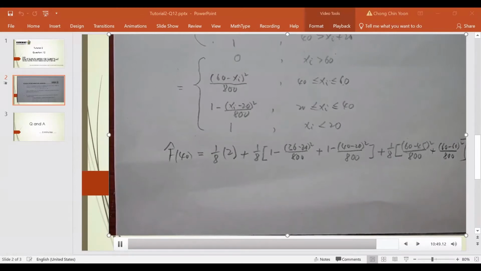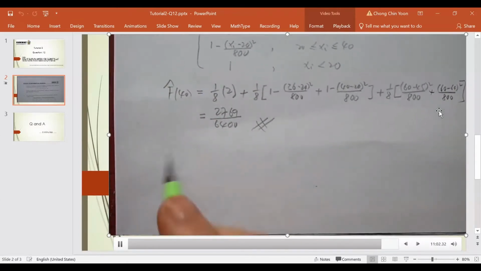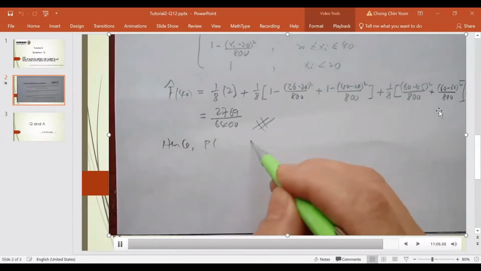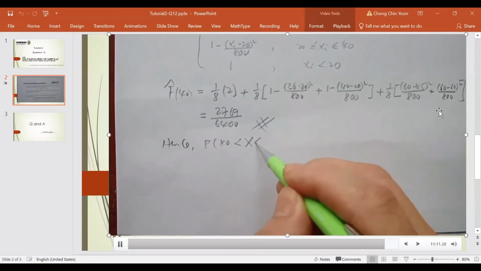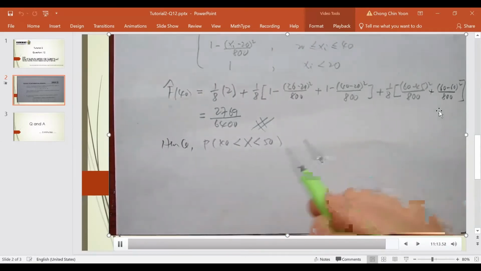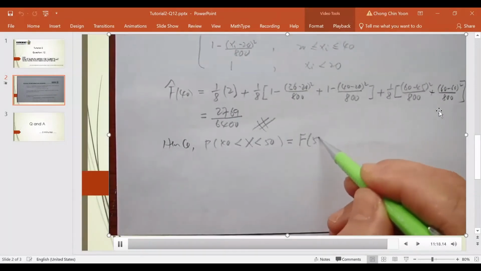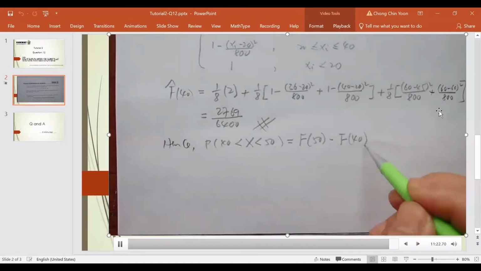So the whole result here will give me 2769 divided by 6400. Hence, the probability of this loss between 40 to 50 is equal to the kernel smoothed distribution at 50 minus the kernel smoothed distribution at 40.